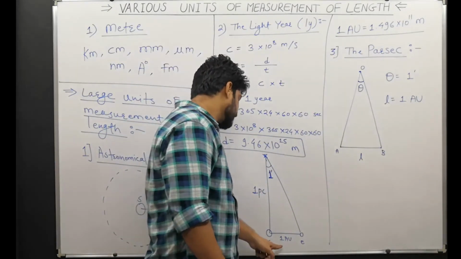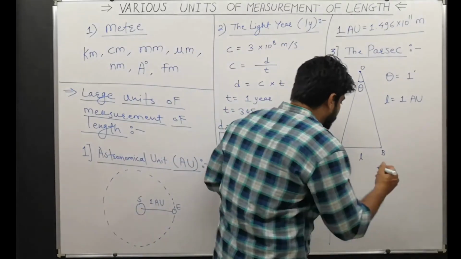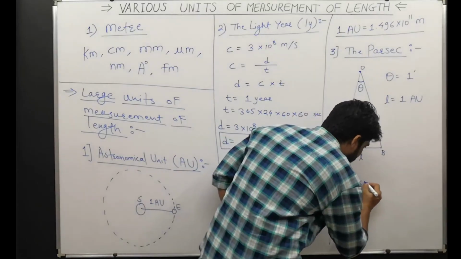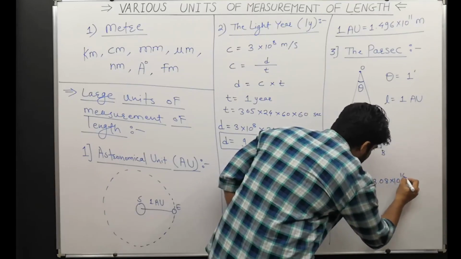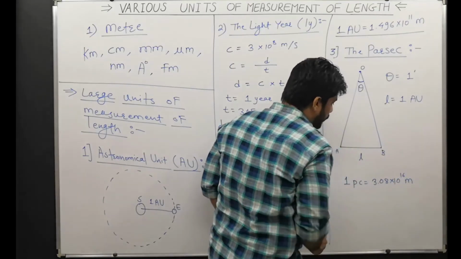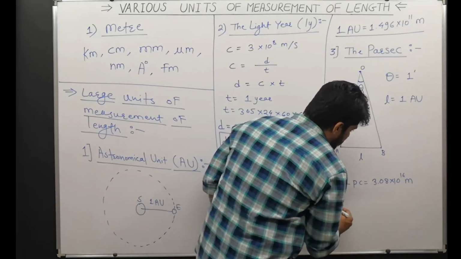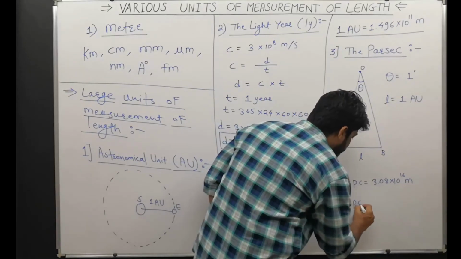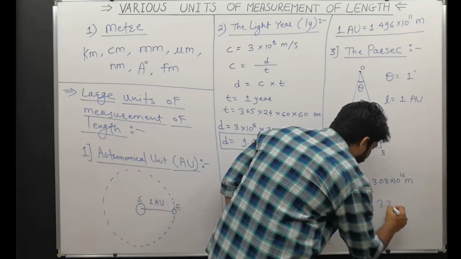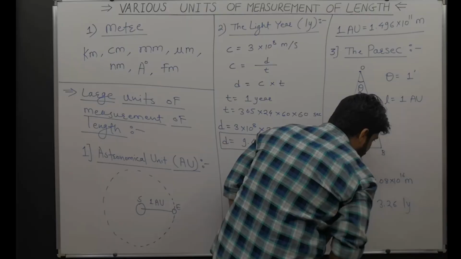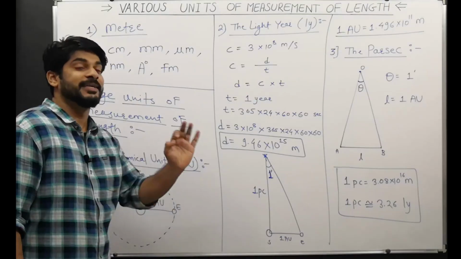So this is 1 parsec. There is a certain value to this actually. When we calculate, 1 parsec is about 3.08 into 10 raised to 16 meters, and this is nearly equal to about 3.26 light years.